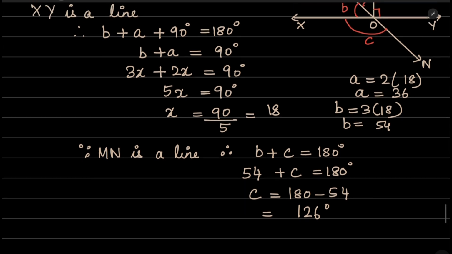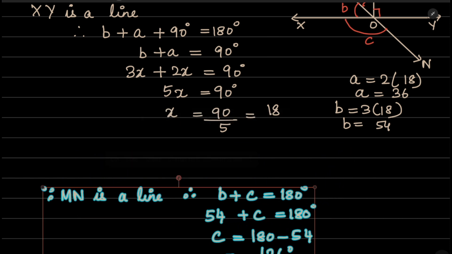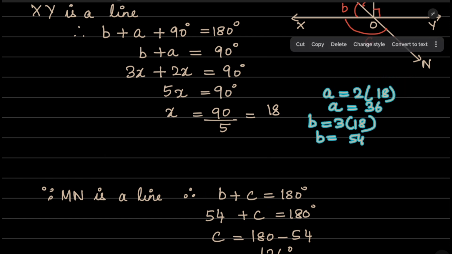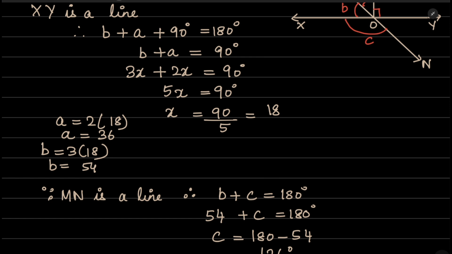Make sure that once you have got your x, please find the value of A and B. Let me just put this here so that all of you know that.